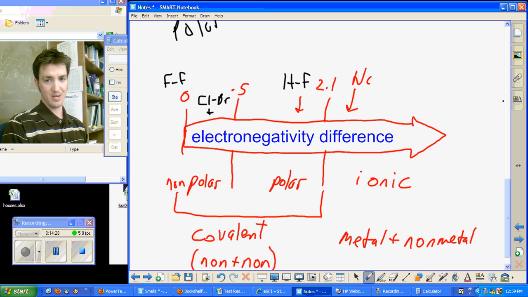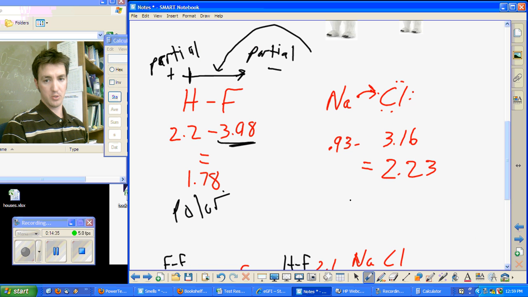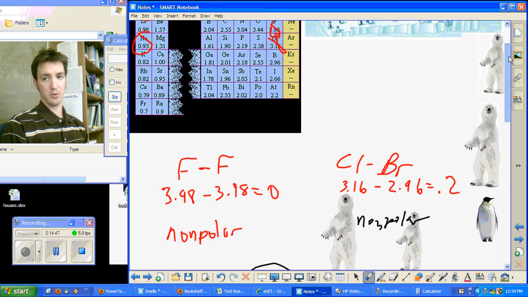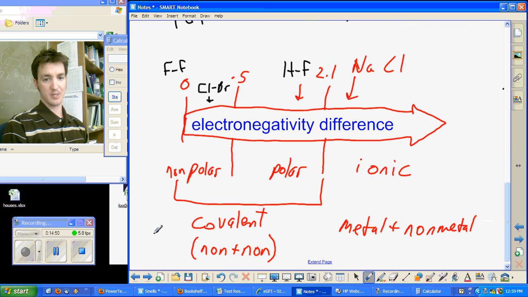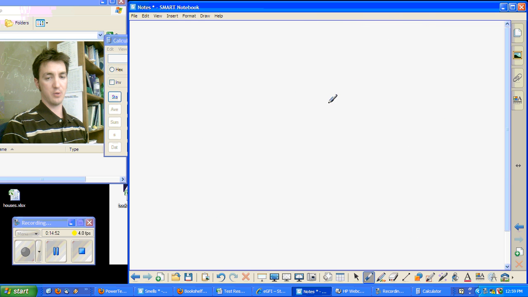So Na and Cl, as predicted, because it's metal and non-metal, would be ionic. Ion. The electron goes all the way over here. That makes this one totally negative, not partially, but totally. This one totally positive, and that's why they stick together. So that's the kind of thing you'll be working on next time. We'll do it a little differently, though.